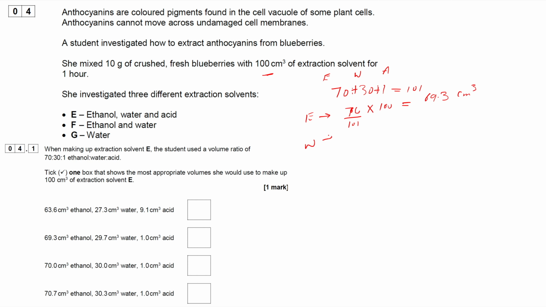For water, it is 30 over the sum of ratios 101, times the total, and that would give you 29.7. And finally we have acid, and the proportion of acid is 1 over the sum of ratios, times 100, and that will give you approximately 0.99, which is almost equal to 1, and that matches the second option. So our second option will be the correct answer.